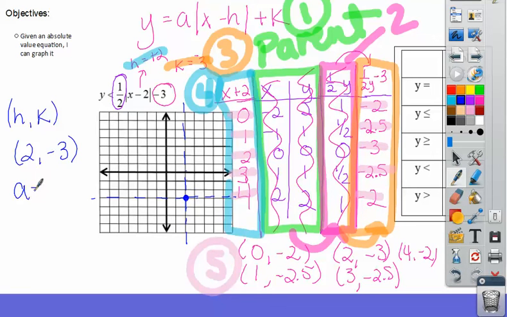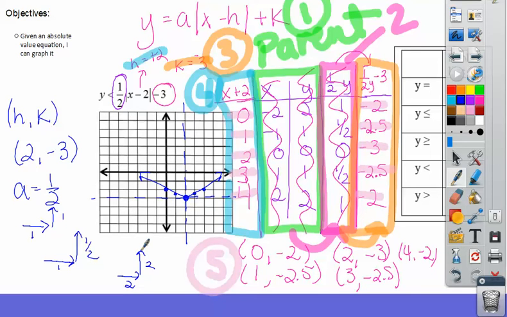My a value is 1/2, which tells me instead of going over 1, up 1, I'm going to go over 1, up 1/2. Over 1, up 1/2, over 1, up 1/2. Normally I go over 2, up 2. This time I'm going to go over 2, and what's half of 2? So I'm going to go over 2, up 1. Over 2, up 1. By the way, those are the exact same 5 points that I found using the table.